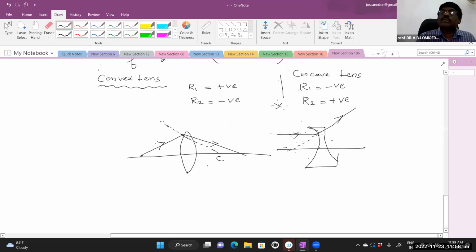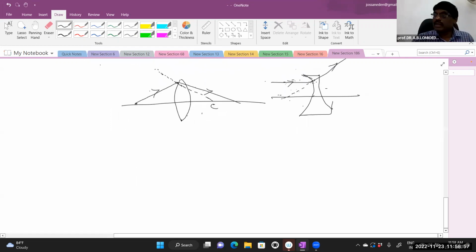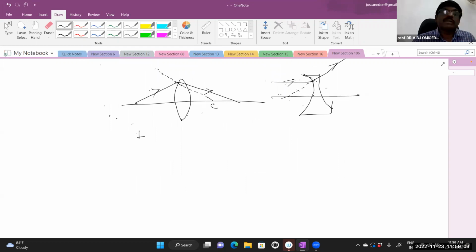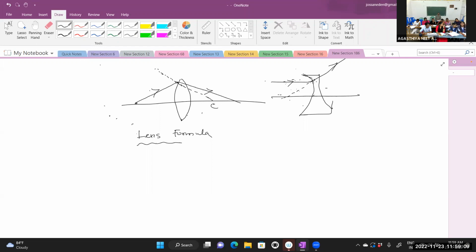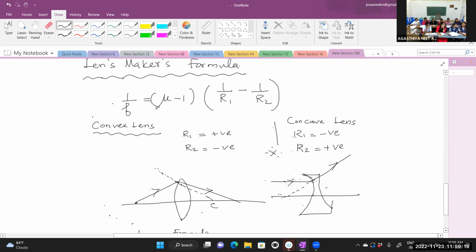Next one, lens maker formula, lens formula or lens equation. Sir, yes, lens maker formula, F and R. F is the focal length.